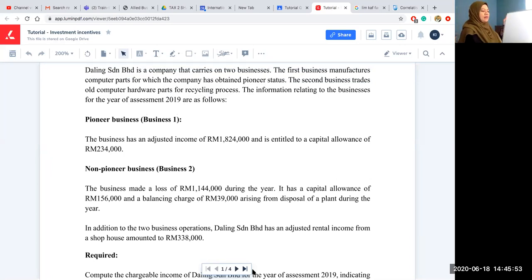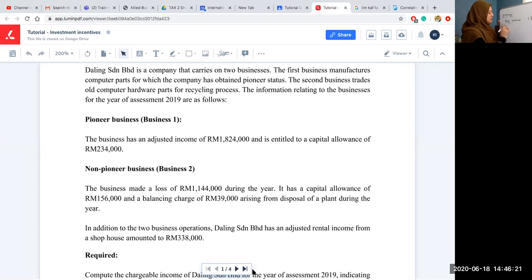We have the pioneer business. The adjusted income is 1,824,000.